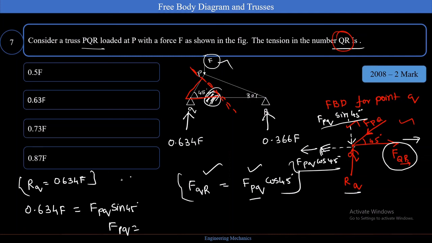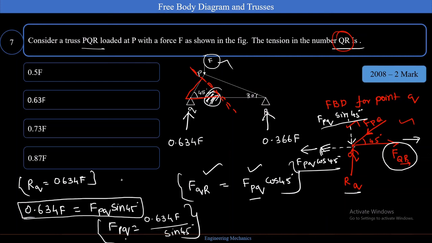So my FPQ is nothing but 0.634 F divided by sine 45.